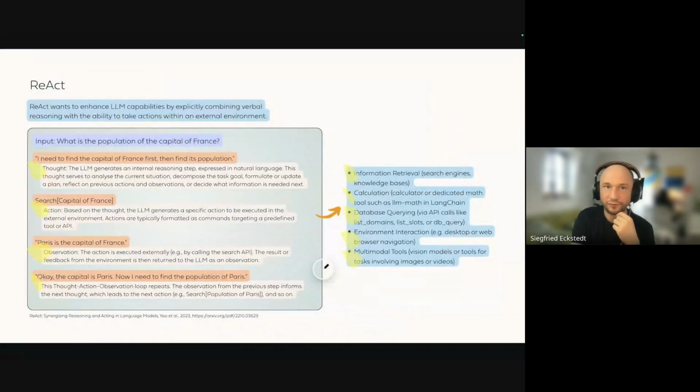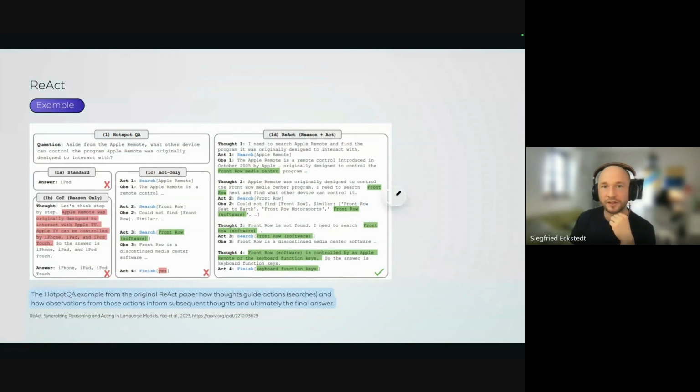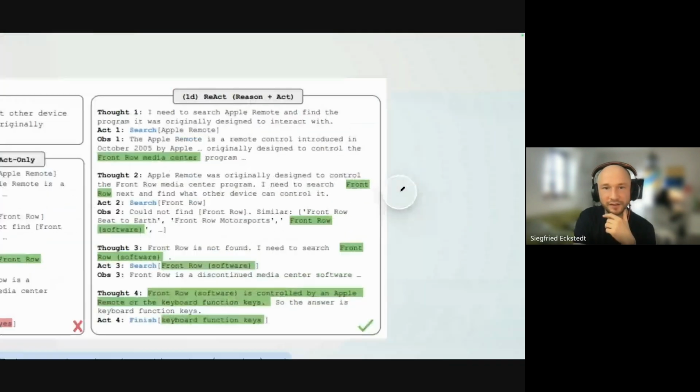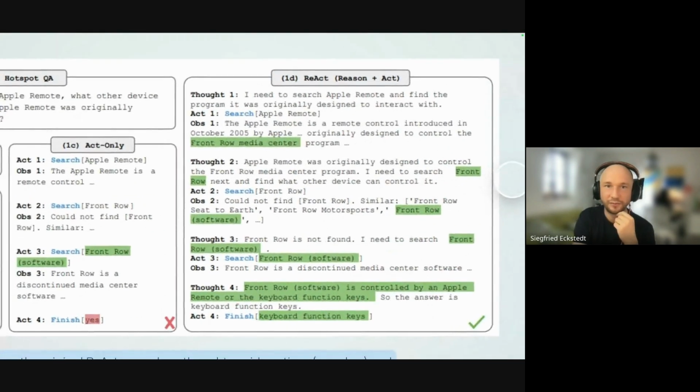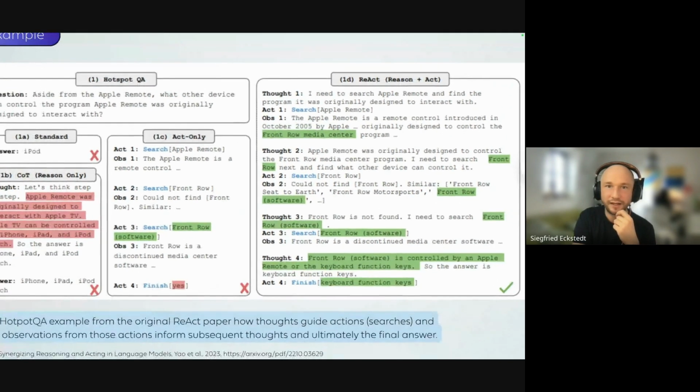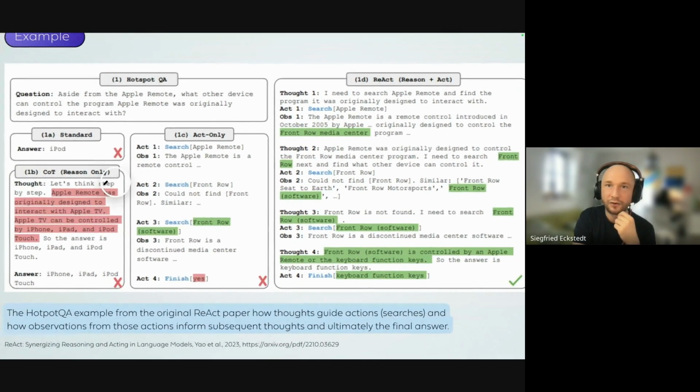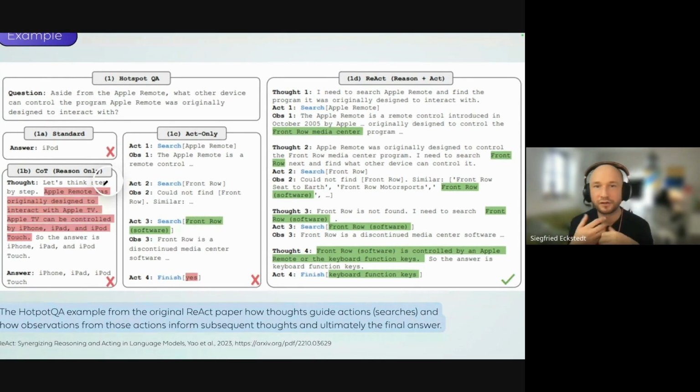So if you repeat this over and over, you find something like a structure as shared by the research paper here, where they have compared how a model would perform if it had only done the standard prompting, so without chain of thought, then with chain of thought, then act only and ReAct.